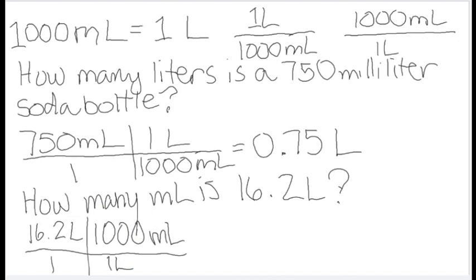So if you're going from a big to a small unit, you're going to multiply. If you're going from a small to a big unit, you're going to divide. General rule of thumb. So this time we're multiplying, and I get an answer of 16,200.